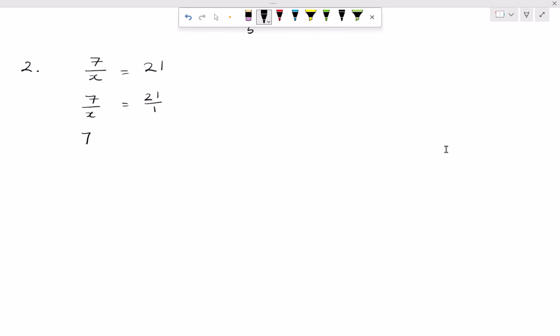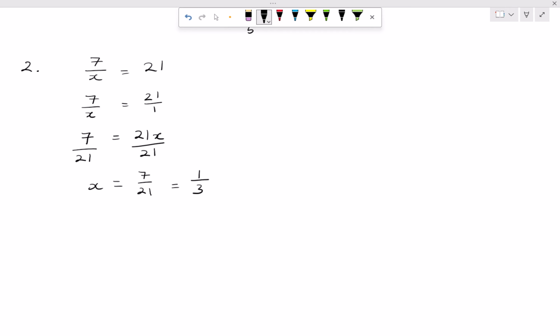And we cross multiply, whereby we end up with 7 is equal to 21x. Divide both sides by 21 and we remain with 7 over 21. Then we simplify this, divide the numerator and the denominator by 7, and we end up with 1 over 3.